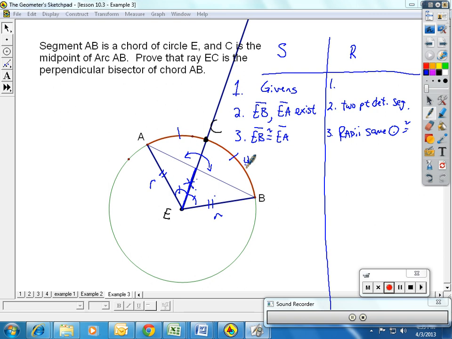Number 4. Let's name this point here, we'll name this point here F. We know that EF is congruent to EF by reflexive.